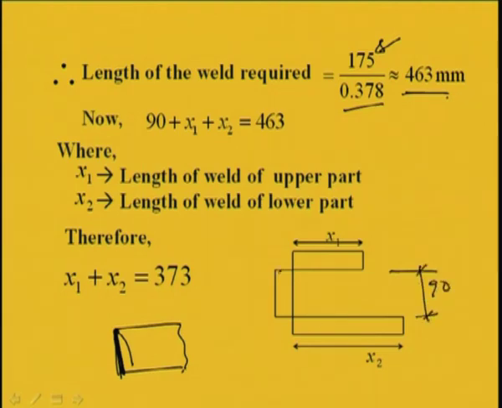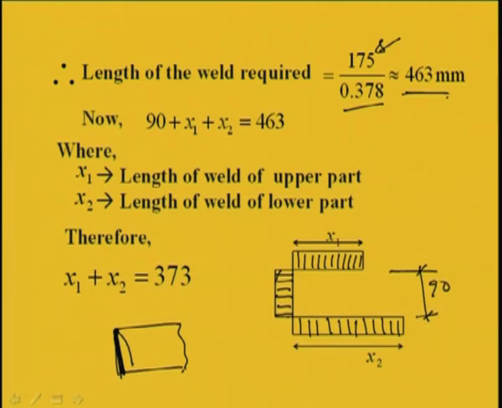We do not know how much we have to provide here and how much here, because we have to make the weld distribution in such a way that the CG of the weld coincides with the CG of the section, that is, the load.